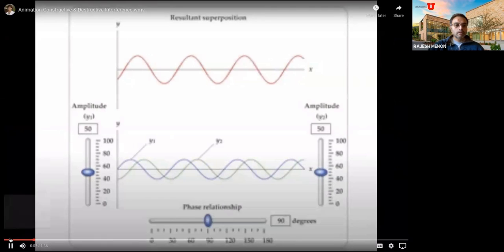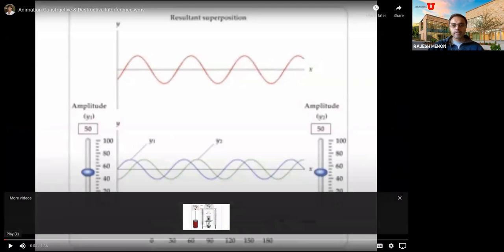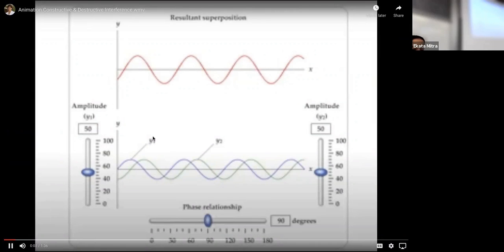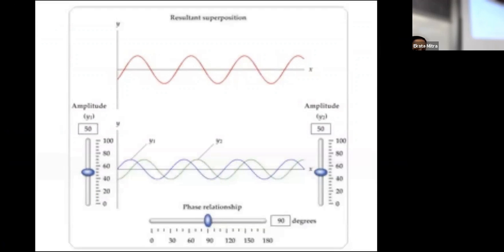Interference. You'll notice at the bottom of the screen, in this video animation, we will be able to see constructive and destructive interference. You'll notice at the bottom of the screen that we have two waves, wave 1 and wave 2. Each of these waves has the same amplitude of 50 units.